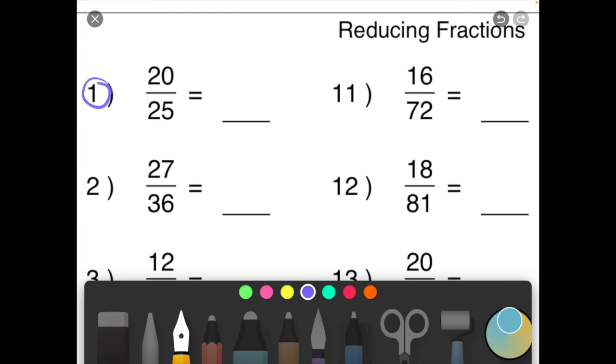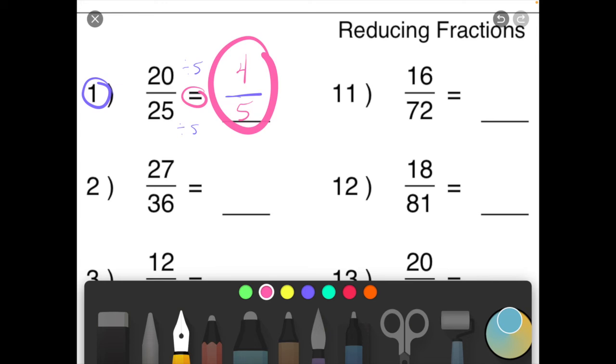So, 20 25ths. Again, these are both divisible by 5, since they end in a 5 and a 0. When you simplify, 20 divided by 5 is 4, and 25 divided by 5 is 5. So 4/5 is equal to 20 25ths. Just like with ratios, these have the same equivalent value.